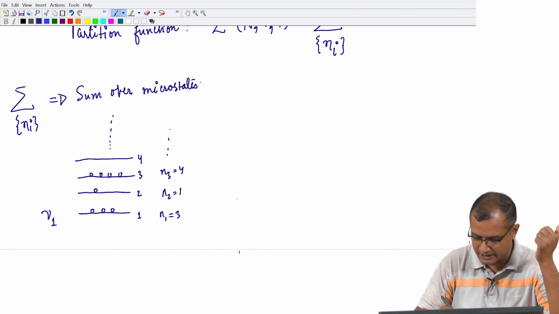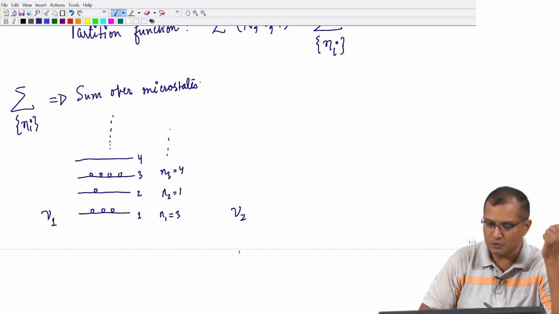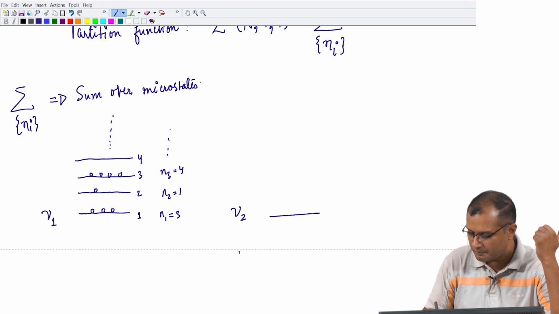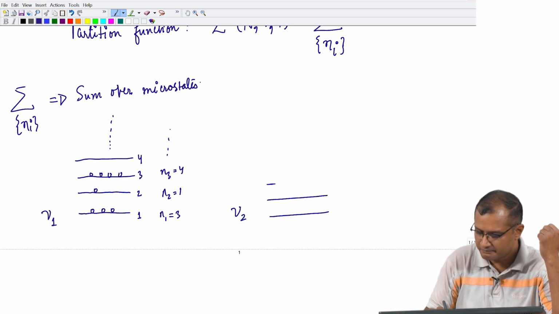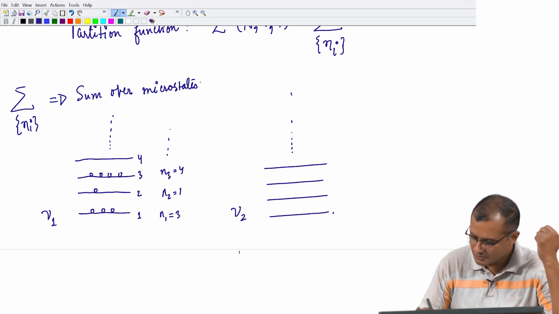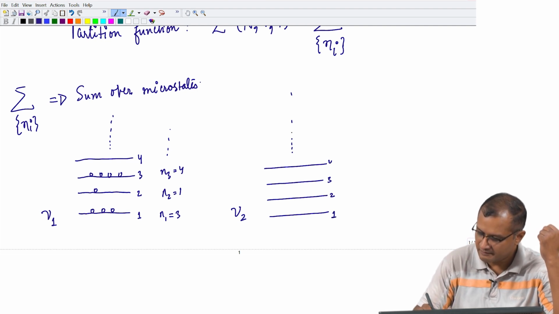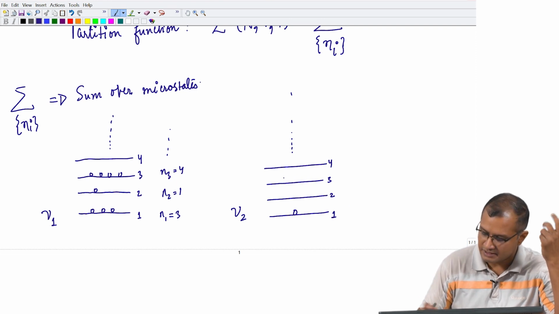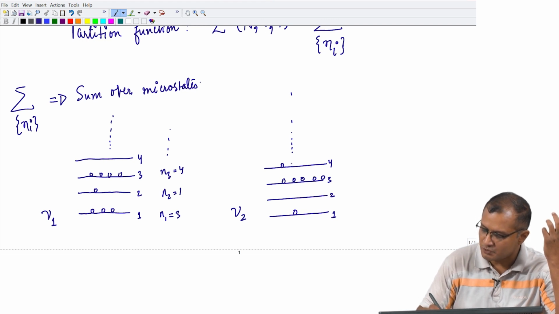But then the microstate can change, I can go to a mu 2 microstate where the population of these levels are different. So, again the first level, second level, third level, fourth level, and in this case let us say 1 particle sitting here, nothing sitting in 2, you got 5 sitting here and maybe 2 sitting here.